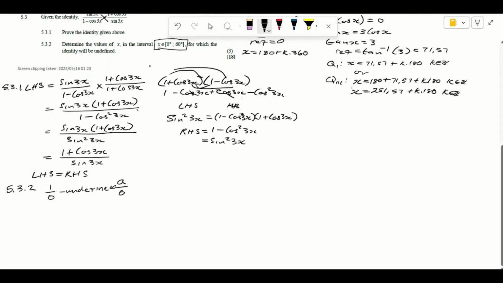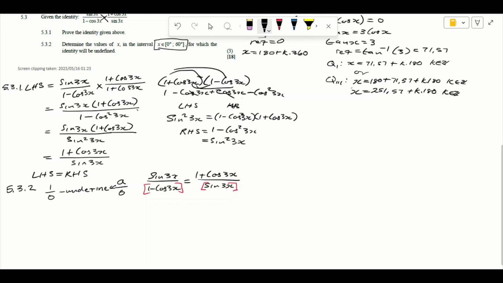So now what does it mean for our expression here? Our expression is sine 3x over 1 minus cos 3x is equal to 1 plus cos 3x over sine 3x. So for our identity to be undefined, it means that our two denominators here must be equal to 0.